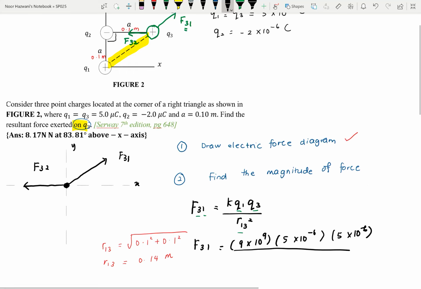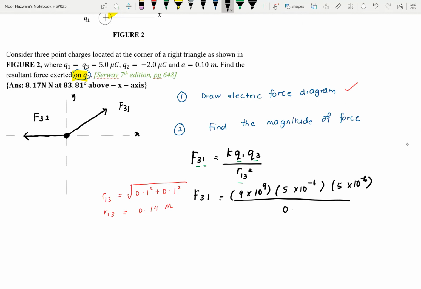Okay, over R13 which is 0.14 meters squared. Okay, jangan lupa squared kan. Okay, and then F31 would be equal, okay, press your calculator, don't be lazy, 11.47 Newton. Okay, bila tekan calculator, satu tips saya nak bagi tahu, tekan dulu yang bahagian atas ni. Masukkan nilai atas, tekan equal, and then baru bahagikan dengan yang bawah ni. Okay, untuk mengelakkan kesilapan.